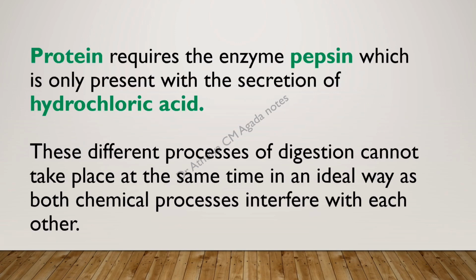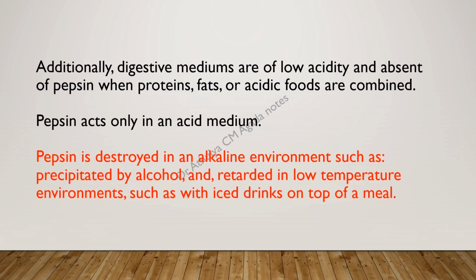Whereas the proteins require the enzyme pepsin, which is only present with the secretion of hydrochloric acid. These different processes of digestion cannot take place at the same time in an ideal way, as both chemical processes interfere with each other. That is why they are not getting digested when eaten in combination.